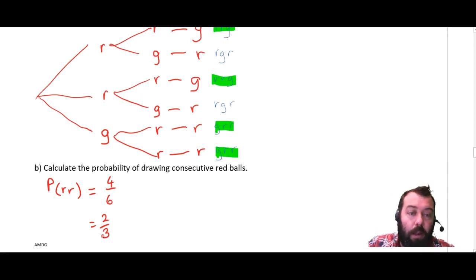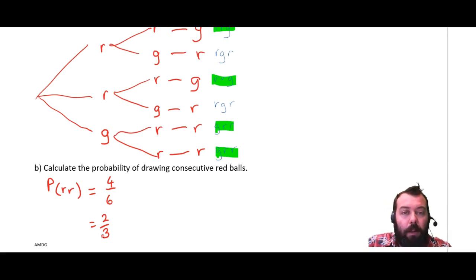Now there is another way of working this out, right? There's another way of considering this, and in this particular situation, if the second ball is red, then I'm going to get consecutive red balls. Okay, if the second ball is green, then that's going to separate the two reds.